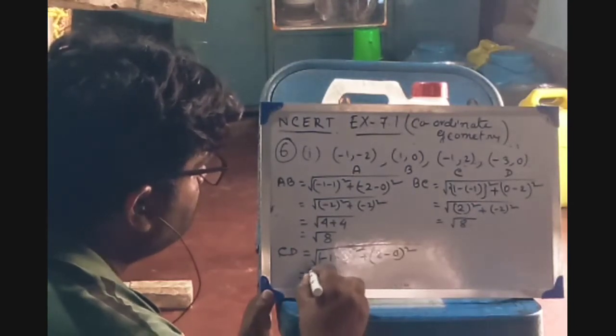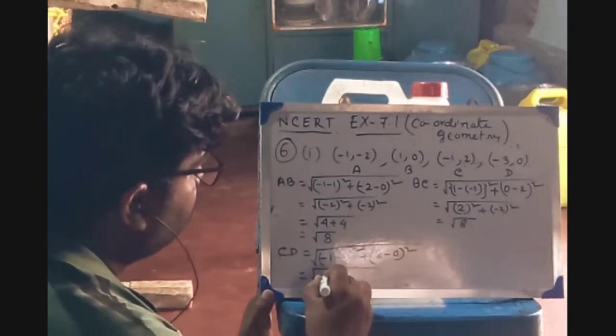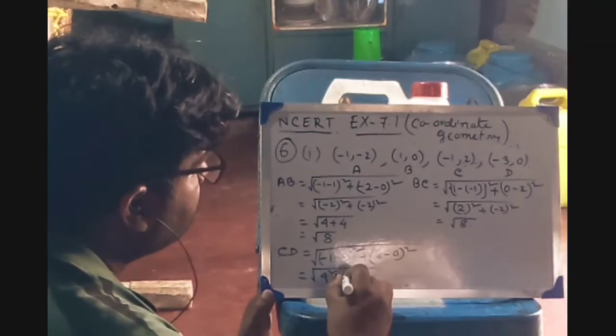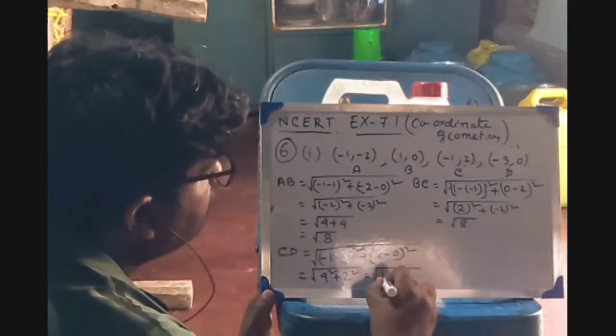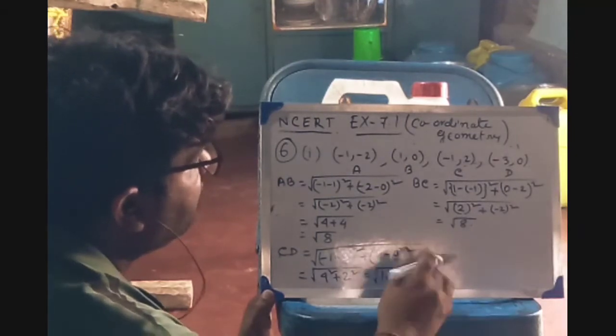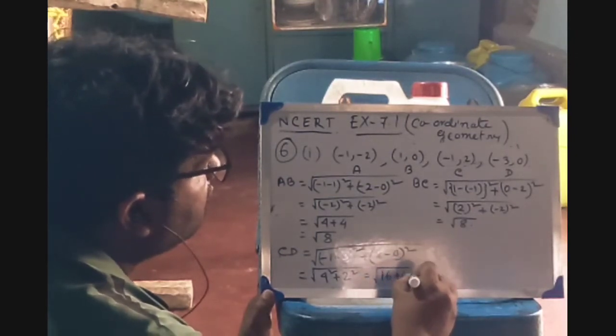That equals root under of 4 square plus 2 square. That equals root under of 16 plus 4, means root 20.